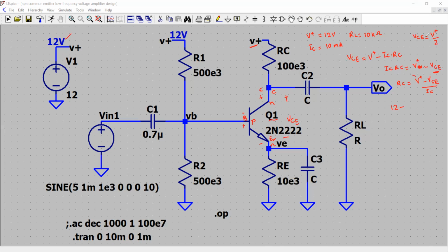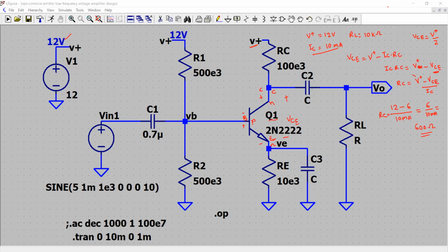So if V plus is 12 volt, then it will be 6 volt, divided by the value of IC, which is given as 10 milliampere. That's your value of RC. So it is 6 divided by 10 milliampere, and that comes out to be 0.6 kilo ohm, so it is 600 ohm.